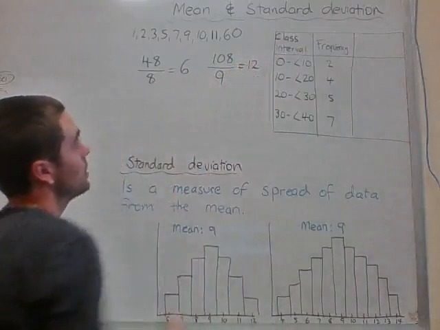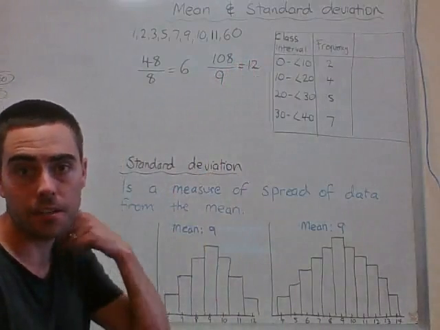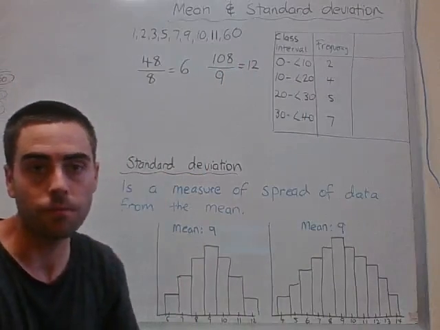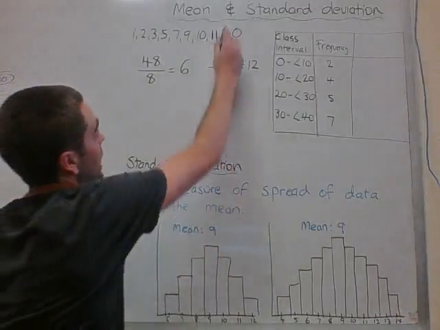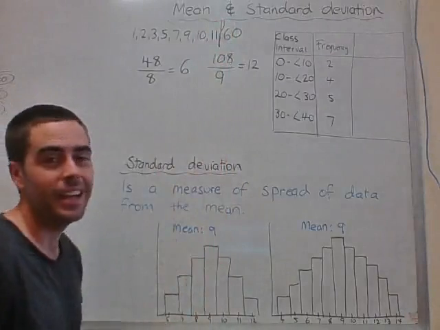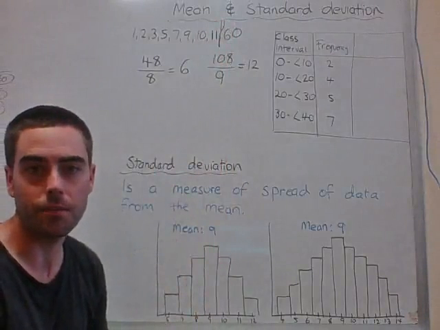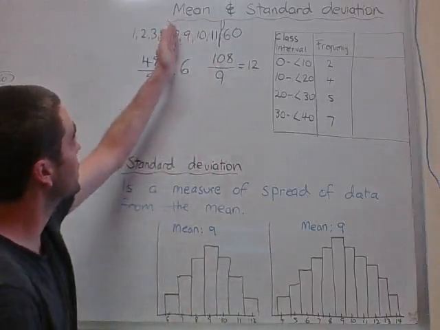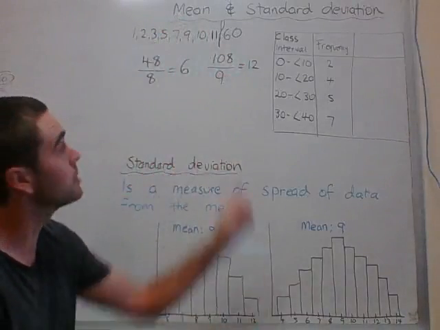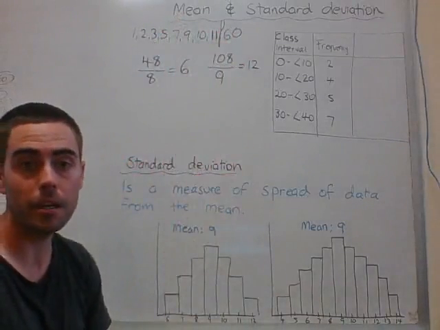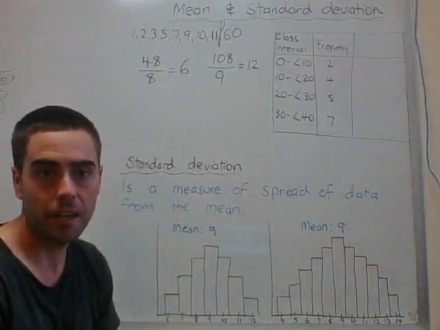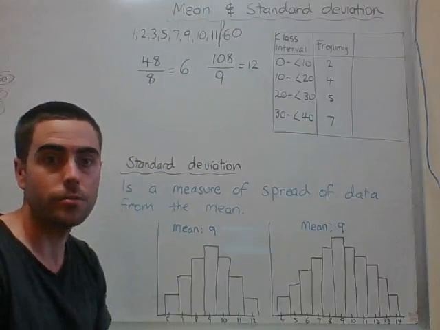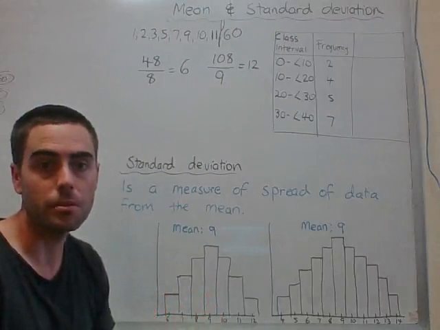So the average of this data set now, with the new number in there, is 12. Now, 12 is somewhere in here, and you can clearly see that that's not the centre of the data. The centre of the data is back here somewhere. So what's actually happened is this really large number has influenced the mean, and hence the mean is not useful when we've got really big or really small numbers, outliers, things like that.